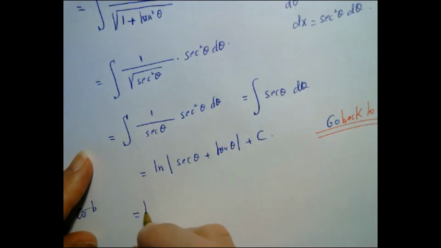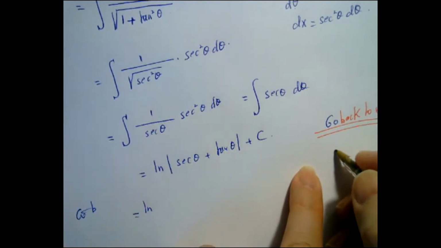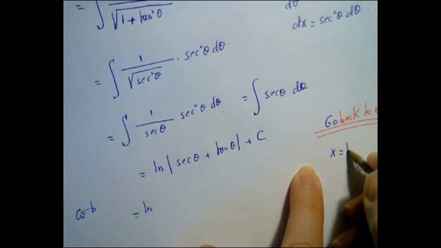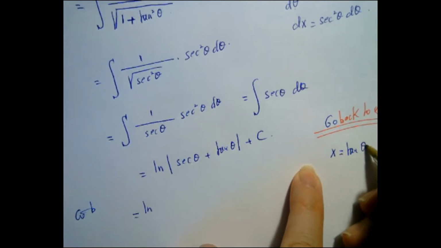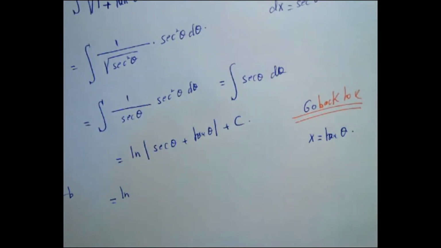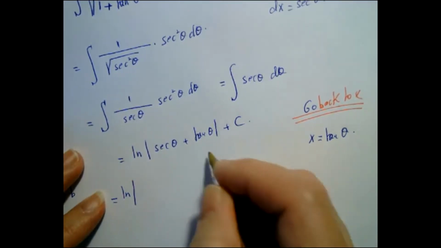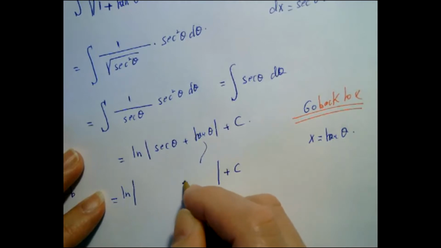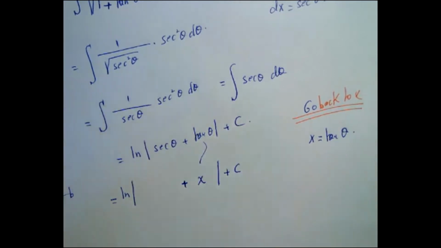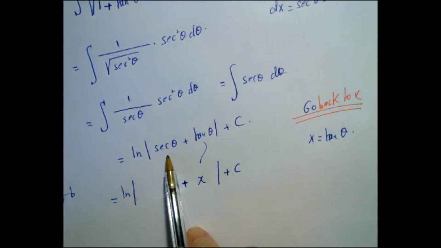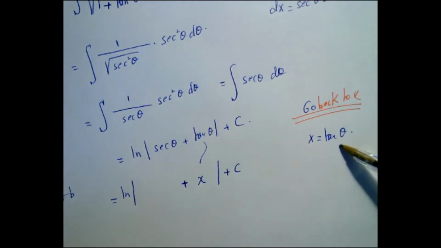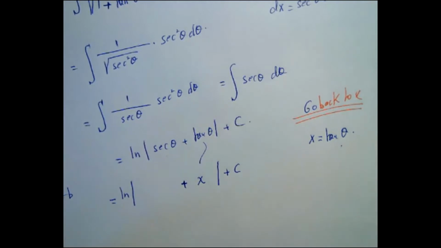Initially, x is tangent theta. So when I'm substituting here, the tangent is not problematic. This is x. But the question is, what is the secant of theta?